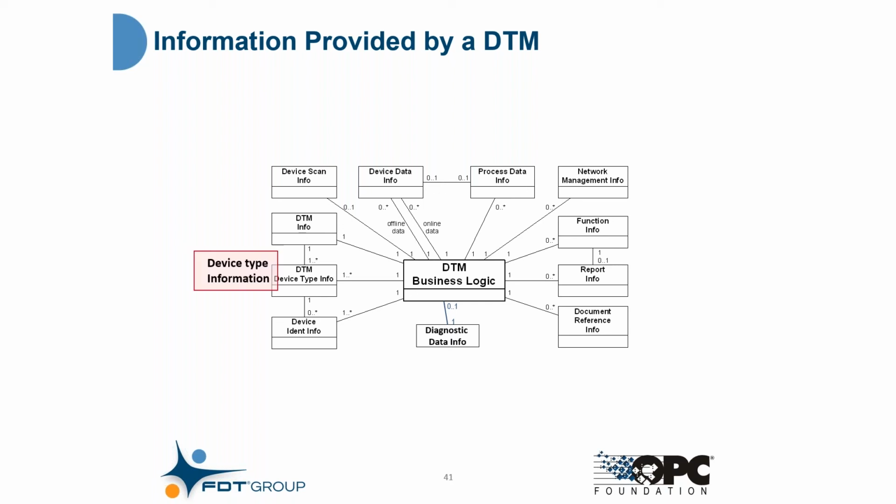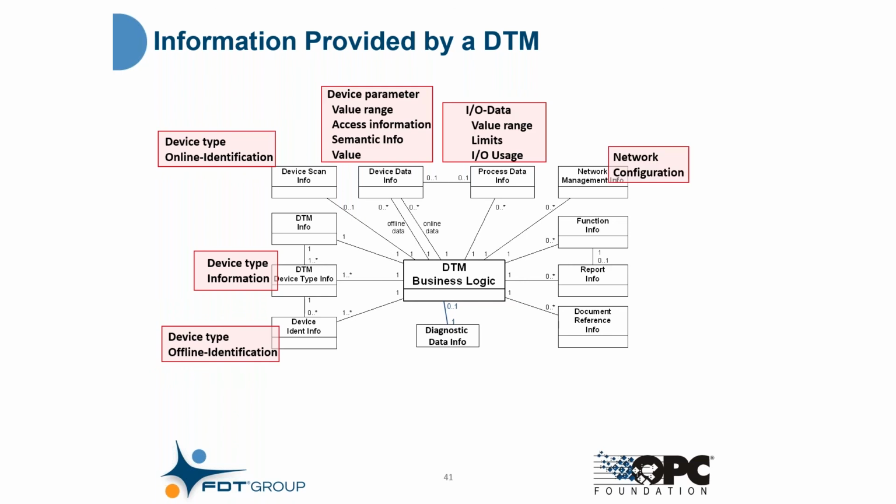And then basically we see the DTM provides device type information for offline identification as well as online identification. We have different types of data, device parameters, which are provided with some description like value range, access information, semantic information, and the actual value.